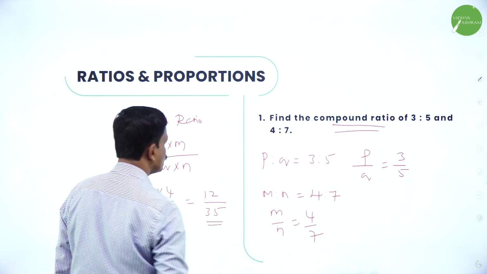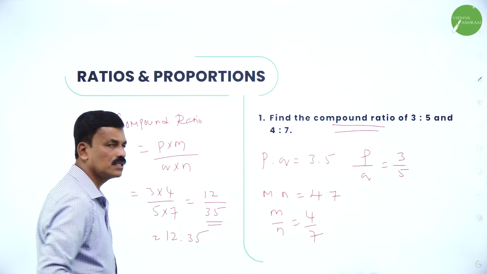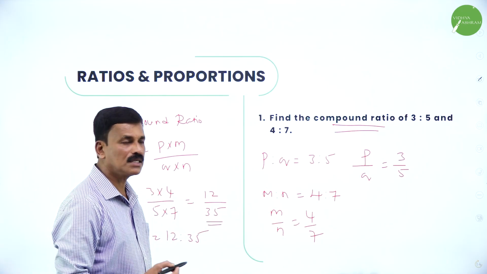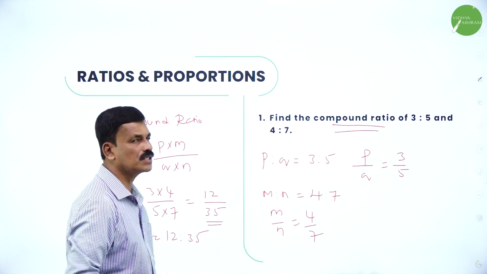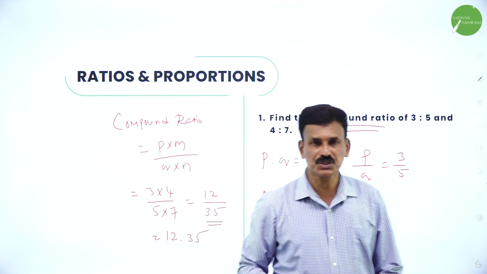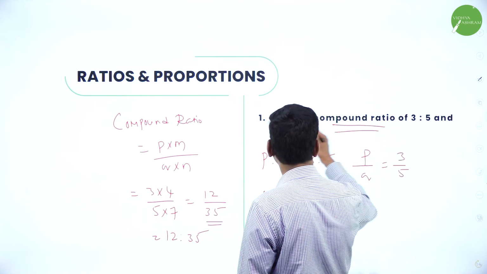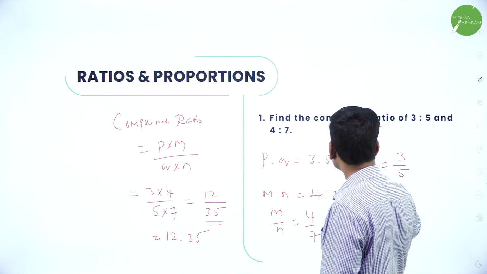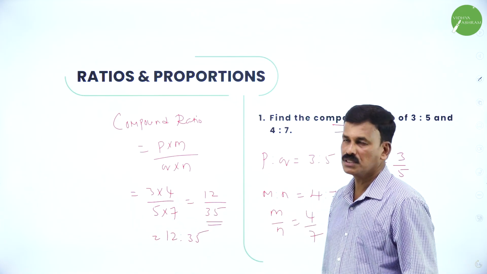So the compound ratio is 12:35. Just multiply the numerators and denominators separately. Simple. 12 by 35 is the compound ratio.